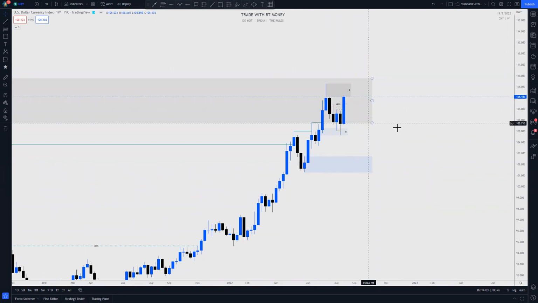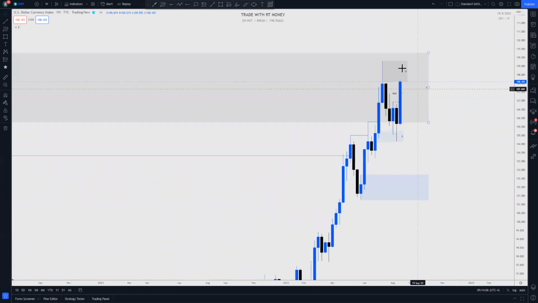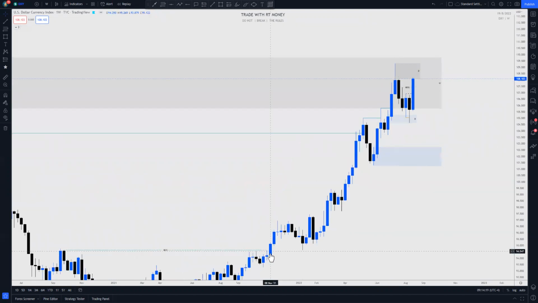You can see inside we are at a daily zone of supply. We're probably going to get a reaction here, maybe some short-term weakness, just a pullback, but I just need you to acknowledge that this is a very strong weekly trend.